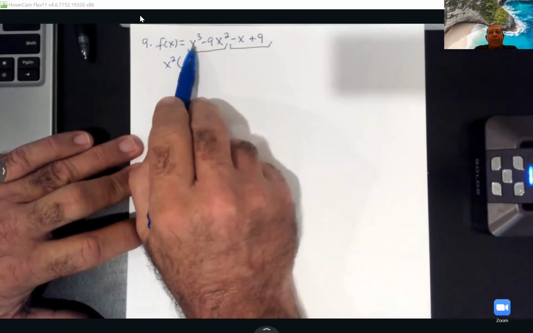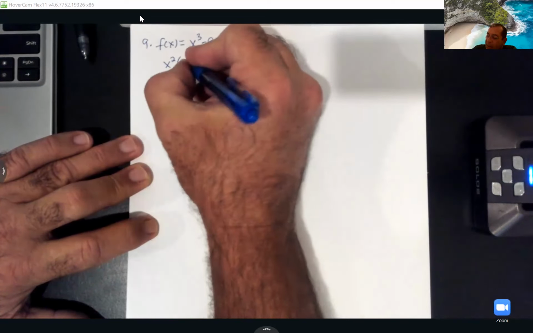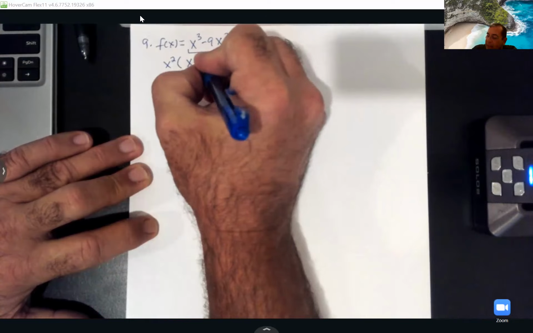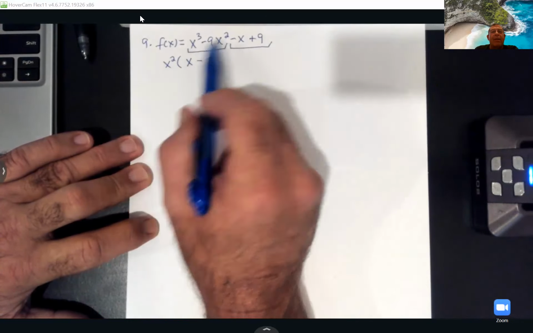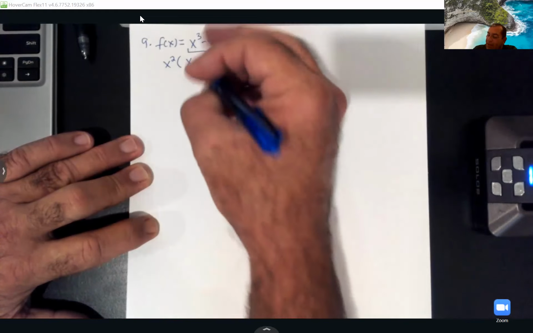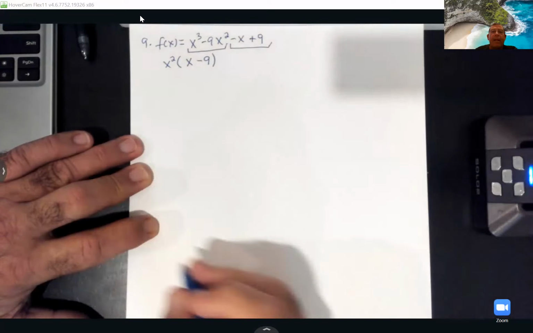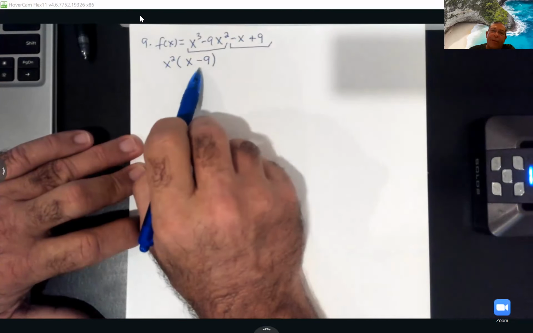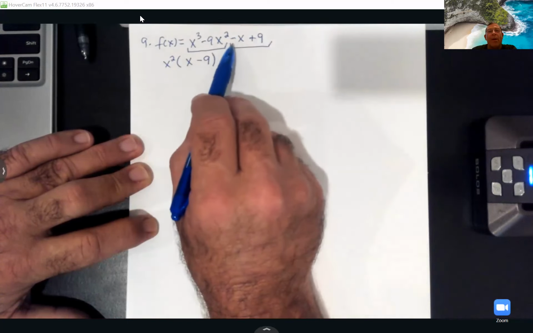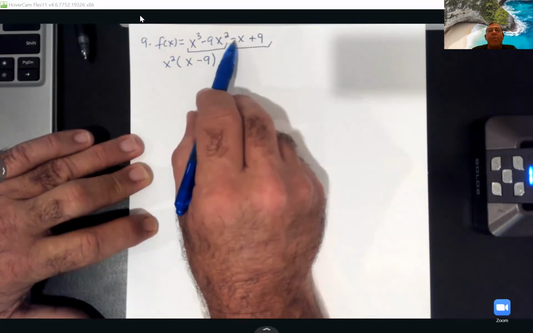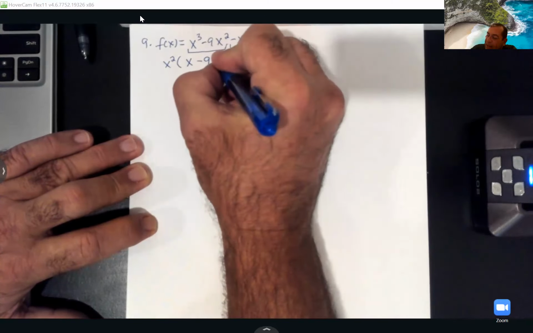So if you had x to the cubed, divide that by x squared, that's going to leave me an x minus. Well, if you had 9x squared and you divide out the x squared, the x squareds cancel. All that's left is that 9. So I know when I'm done, the second parentheses has to look like my x minus 9. So y'all remember, second GCF will be negative like the 3rd term. So bring down that negative.